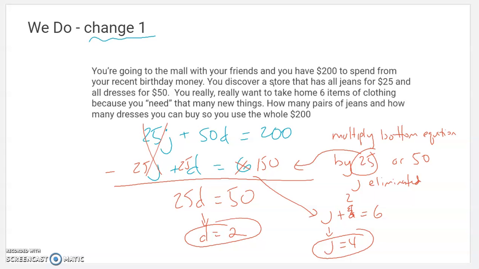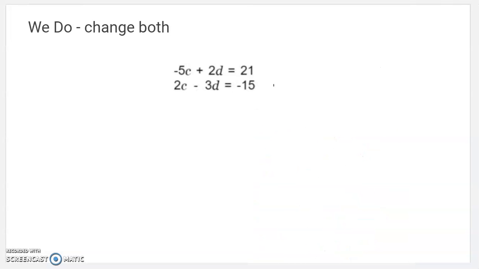The next one, we're going to change both the equations like we did in the tacos one. All right, so sometimes you get a system of equations like, say, this, where there are 2 variables, C and D. And I start to look and say, okay, what can I multiply the top one by and make one of the variables match the bottom?